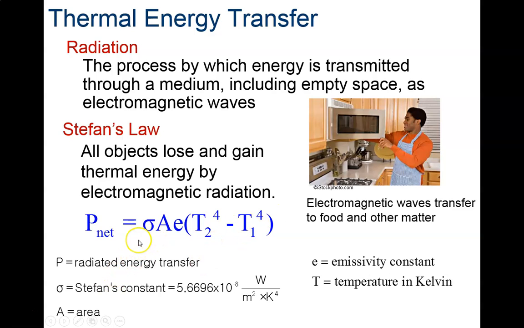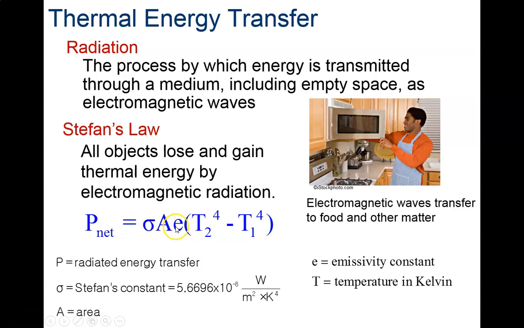And this is just a plug and chug equation. So there's the P, power. This is a sigma, the Greek lowercase s, which is Stefan's constant. You don't have to memorize it, just stick it in the problem. A is the area which we're looking at. So if we're talking about your exposed body area, if you're out on a cold night.